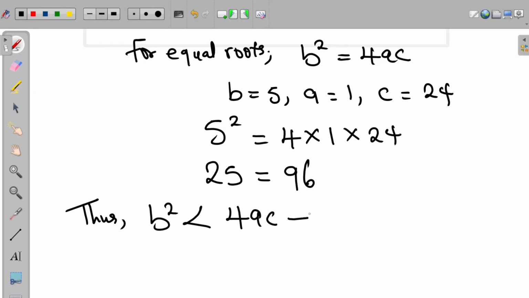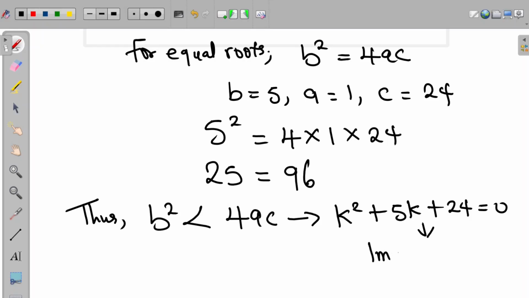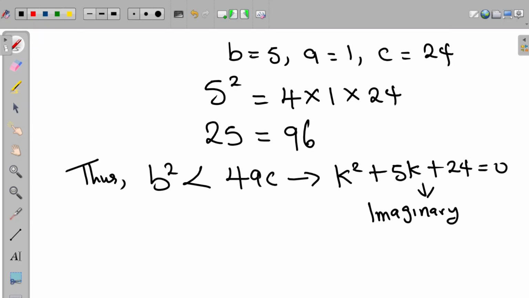This means that k squared plus 5k plus 24 equal to 0 will give us imaginary roots. Thus, the real value of x will be obtained when k is equal to 5.